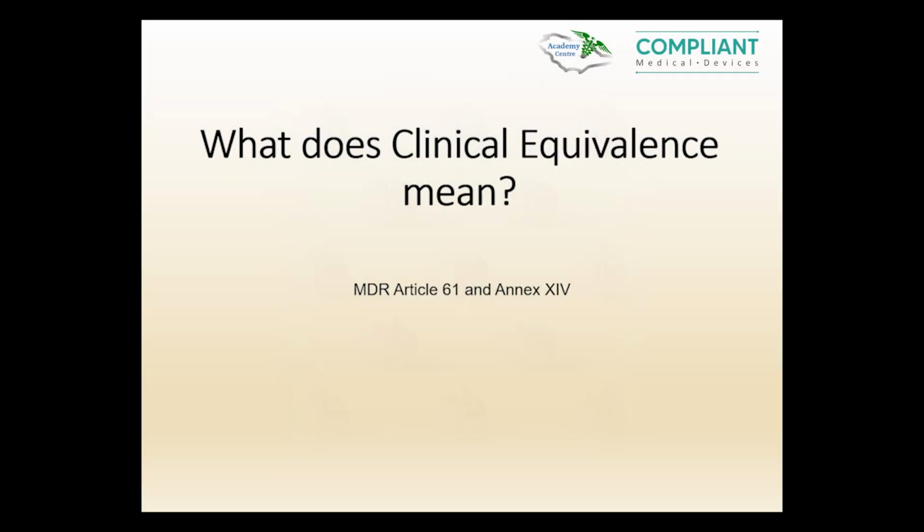Today, we're going to cover clinical equivalence. In this video, we are going to cover clinical equivalence per Article 61 and Annex 14 of MDR. In other words, when a manufacturer bases the clinical evaluation of their medical device on clinical data relating to a separate device, which can be one made by themselves or by another manufacturer.